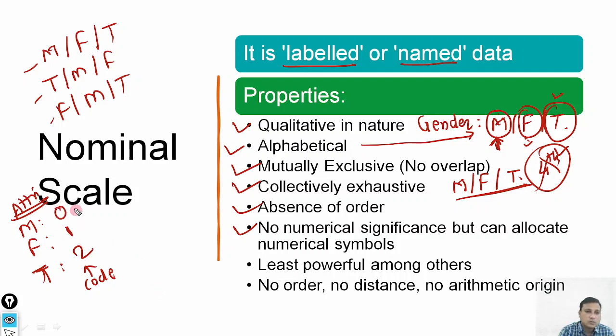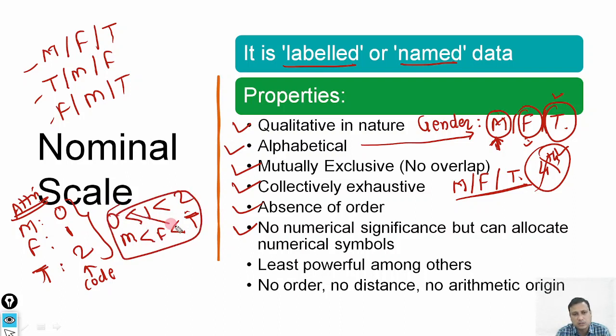Now do these numbers have some meaning? Does it mean 0 is less than 1 and 1 is less than 2, so male is less than female, female is less than transgender? Can we give some meaning to this? No, this is not the case.